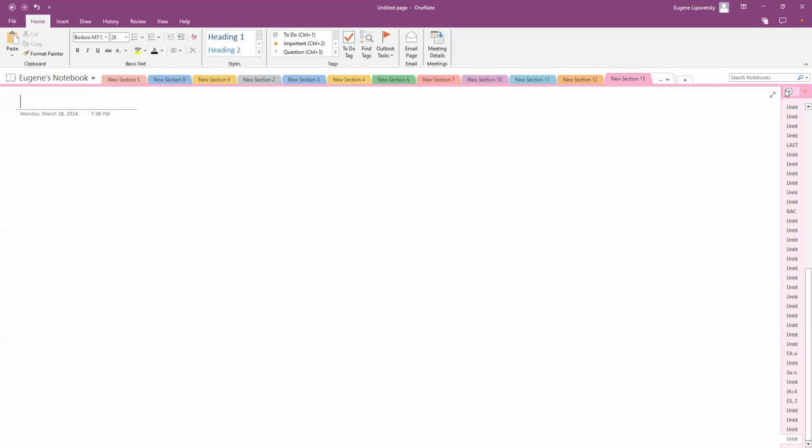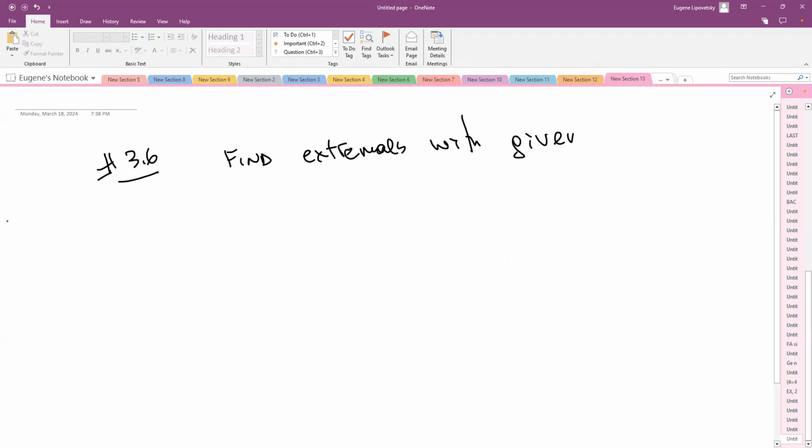To the next page. Number 3.6. Find extremals with given boundary conditions.